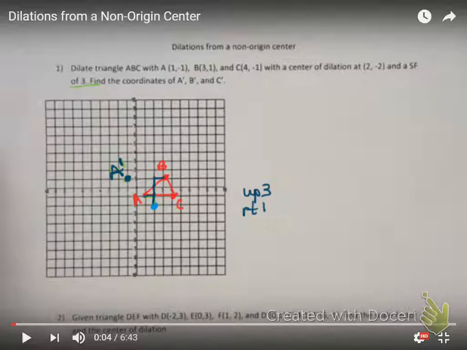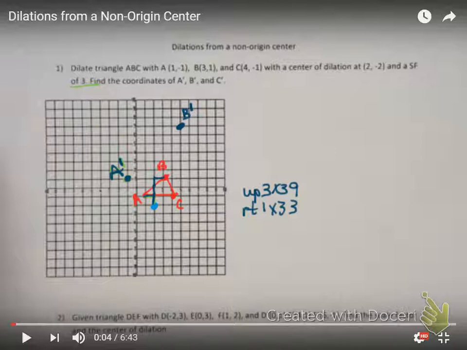So instead of going up 3, how many am I going to go up? 6, 9. Yeah, times 3. Up 9, and right 1 times 3, so right 3. 1, 2, 3, 4, 5, 6, 7, 8, 9, then 1, 2, 3. That would be B prime.